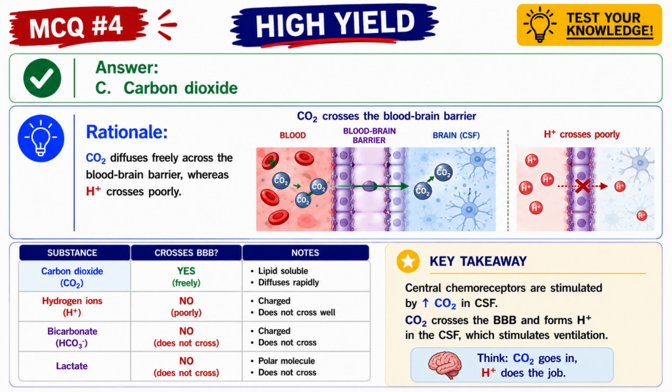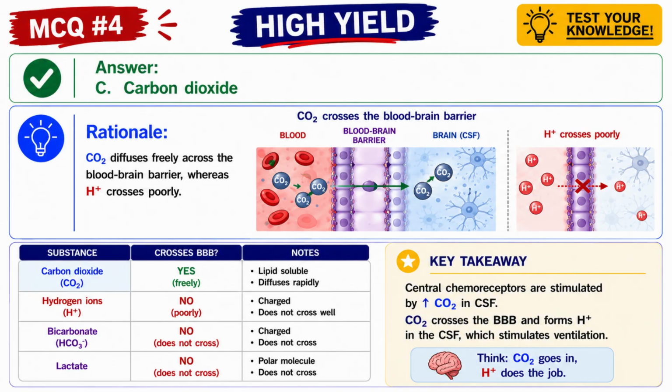Hydrogen ions, charged particles, cross the blood-brain barrier extremely poorly. This is a critical distinction. Metabolic acidosis, increased H+ in the blood, does not rapidly stimulate central chemoreceptors, because H+ cannot easily cross into the CSF.